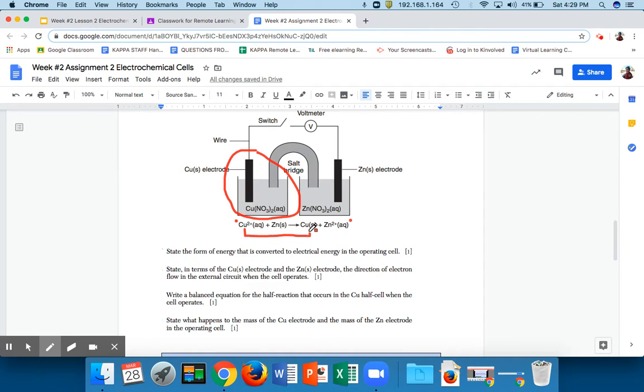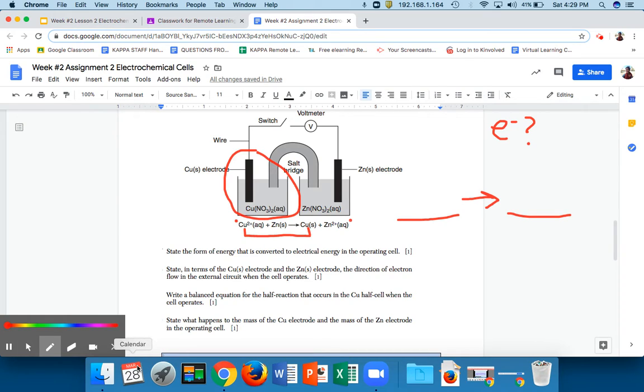Copper is here. Now analyze it. Is it losing electrons? Is it gaining electrons? What would your half reaction look like? Remember, in your half reaction, you should have a reactant side, a product side, and then you need to figure out, where do I write my electrons? On the left or on the right side?